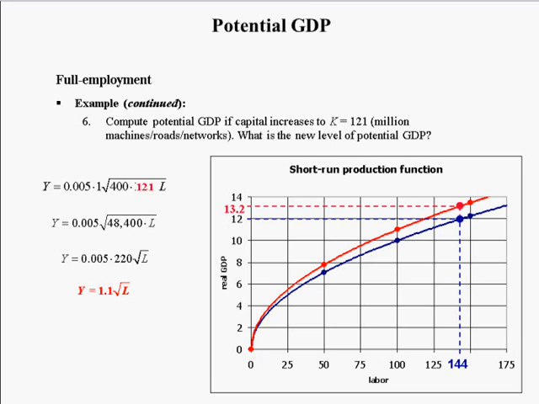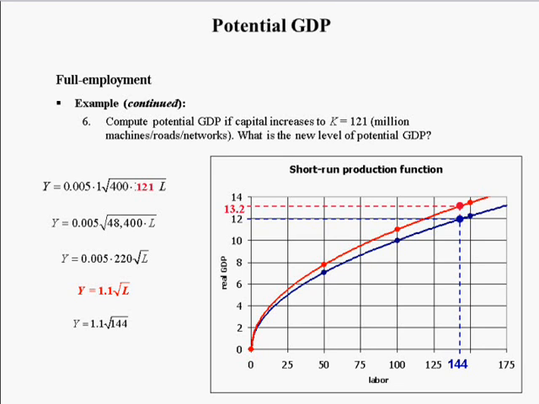So at every level of labor, the economy is producing more output, except when zero workers or zero people are working. When there are zero workers working, then we have zero output. So the production function shifts or rotates up and to the left.